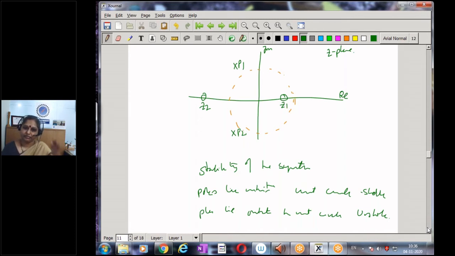On the other hand, if the sum of the magnitude of the impulse response turns out to be infinite, we will find that for the same system the poles are definitely outside the unit circle. Even one pole outside the unit circle makes the system unstable.